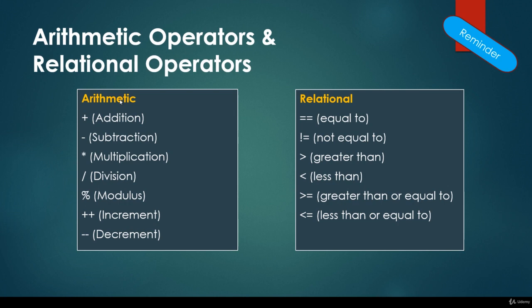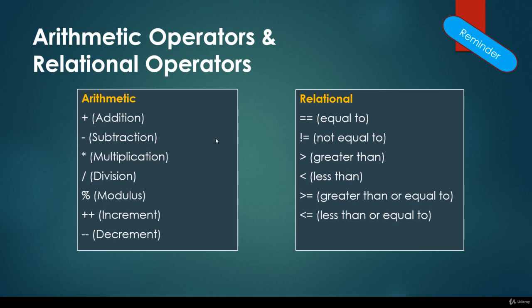Okay, so let's talk a bit about arithmetic and relational operators. Arithmetic operators include addition, subtraction, multiplication, division, the modulo operator, and incrementing and decrementing the given variable value. As far as relational operators are concerned, we have equal to, not equal to, greater than, less than, greater than or equal to, and less than or equal to operations.